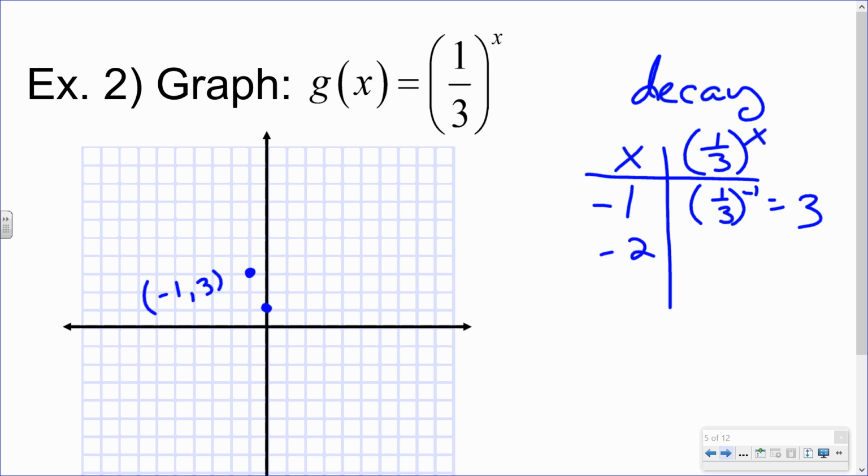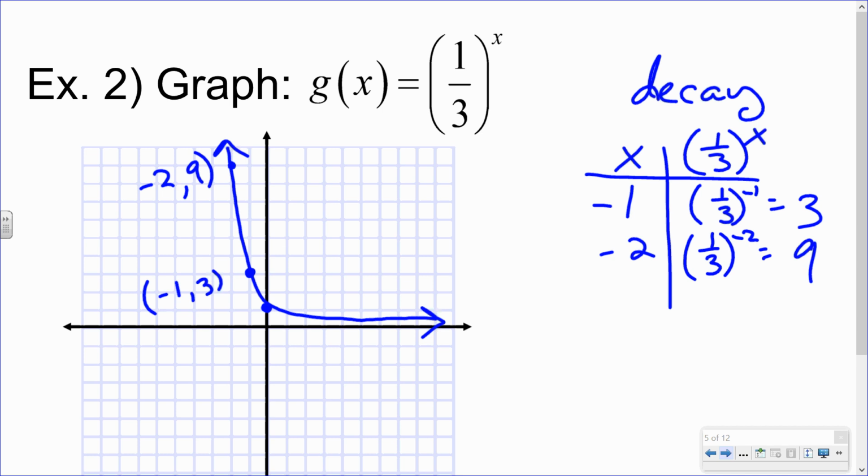If x is -2, what do we have? We're going to have 1/3 to the -2, which is, shout it out for me, 9. And then by -3, we're going to be off the grid. So we draw this in coming down through these points. And make sure I've got that lattice point labeled. And there's our graph. So that stuff's easy enough, right?